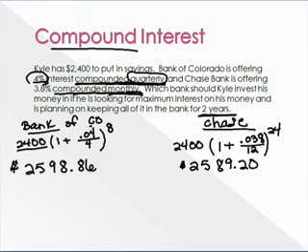Okay. Now, let's write this down then. There is a special formula for finding compound interest.